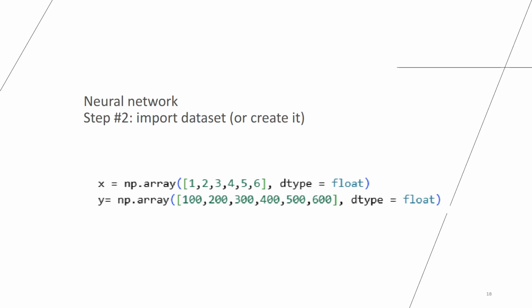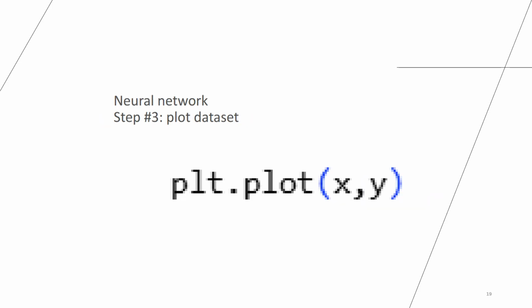The goal of the neural network will be to learn this relationship between the input values and the output values. Although this is a very simple example, it helps illustrate the basic idea behind supervised learning. We provide the model with input data and the correct outputs, and the network learns how to map one to the other.